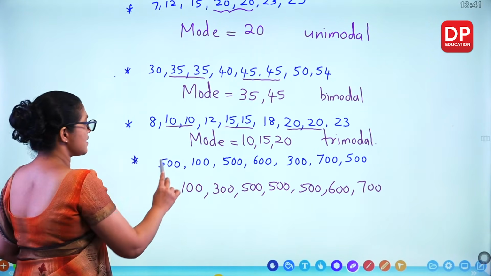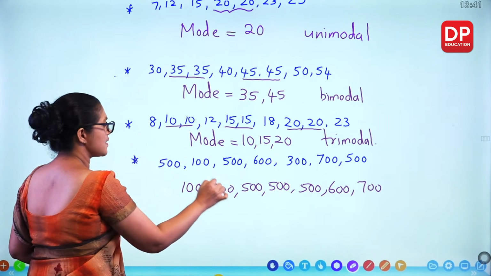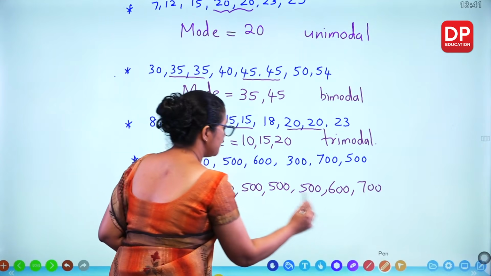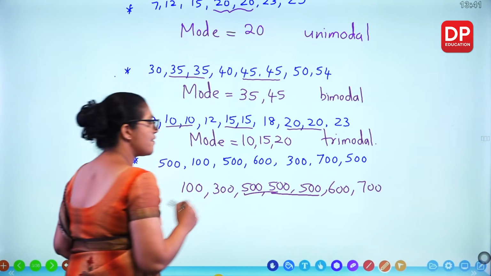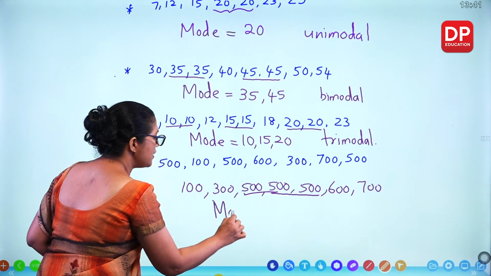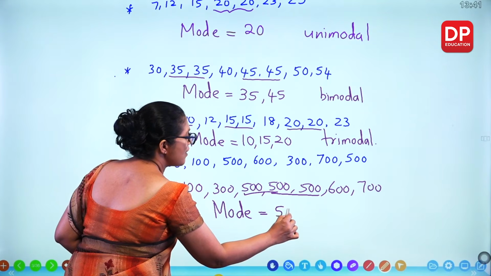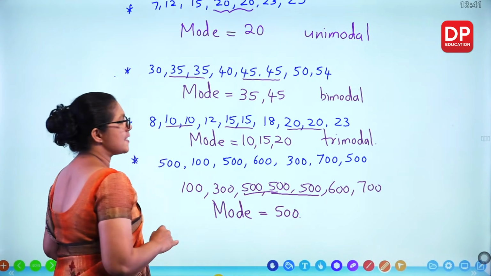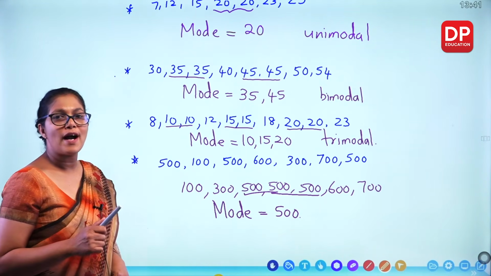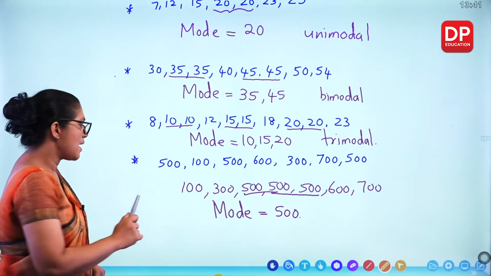So what's the mode value? I see 500 3 times. So the mode, the mode number of coconuts sold, is 500 in this case. So we now know how to find the mode value, the most frequent number.